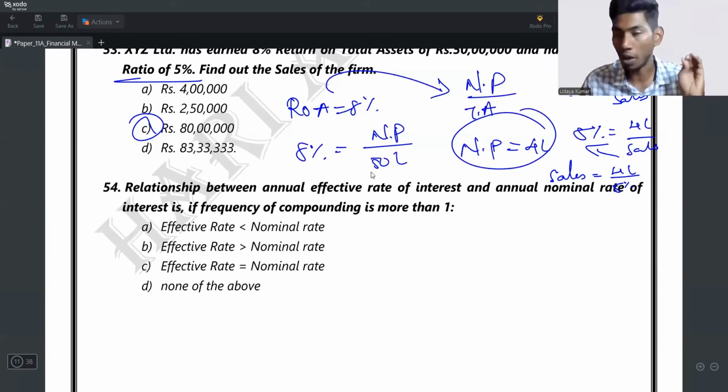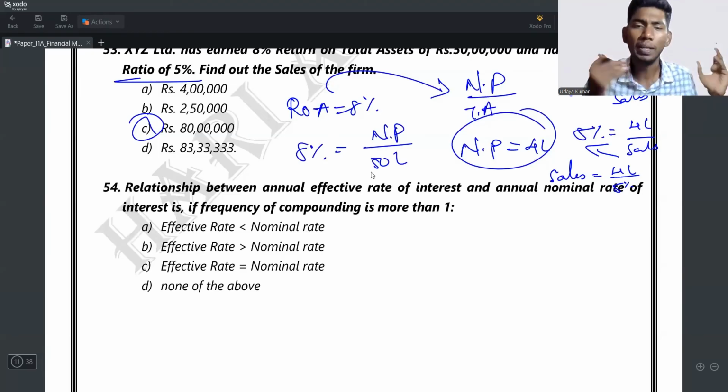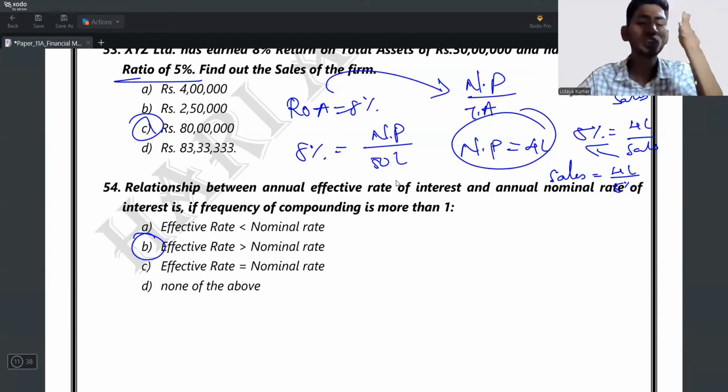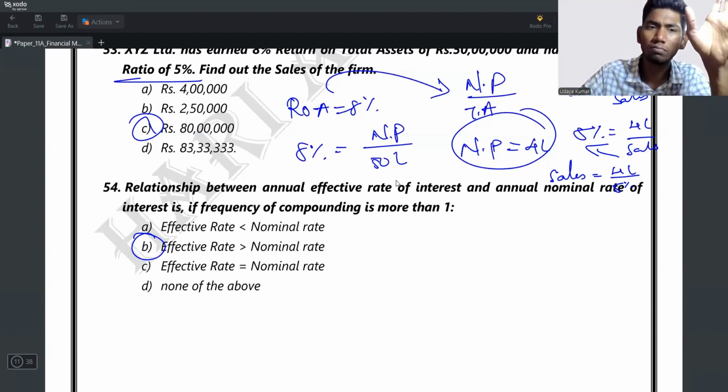Students who have watched our live classes and recorded classes can easily answer this, because option B is the right option. Effective rate is always greater than the nominal rate when the frequency of compounding is more than 1, such as semi-annually, quarterly or monthly. This is because compounding more frequently increases the amount of interest earned or paid over the course of the year. So option B is the right option.